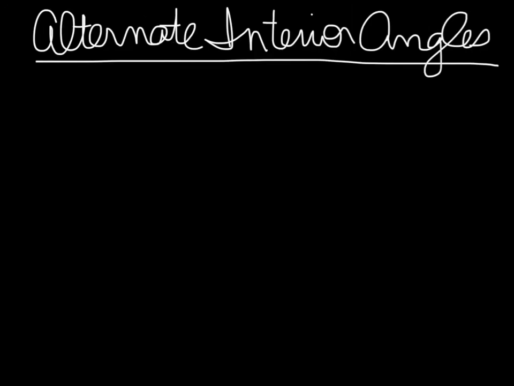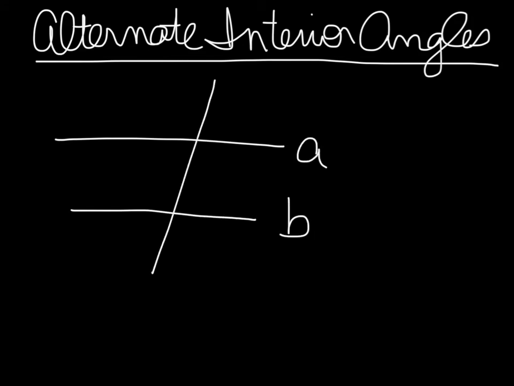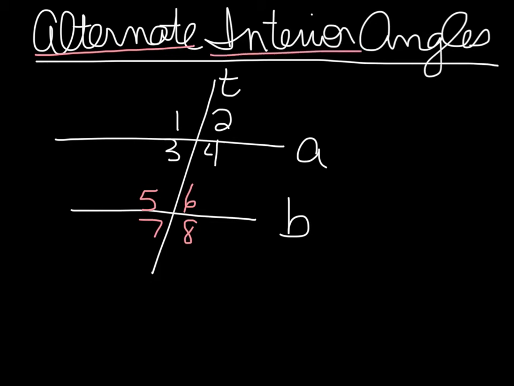Now let's look at another group called alternate interior angles. If you have two lines, A and B, cut by transversal T, and we have these groups, 1, 2, 3, 4, and the second group, 5, 6, 7, and 8. The word alternate refers to alternate sides of the transversal. Interior means on the inside of the two lines. So what angles are on the interior of the two lines?